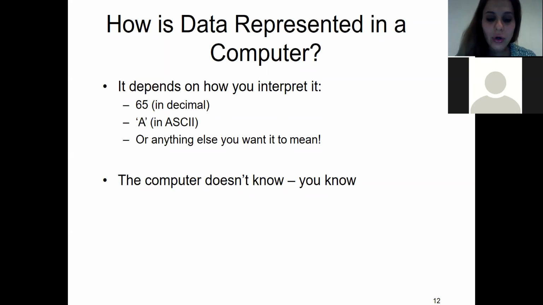Or if I press on number 65, the machine will know that you want number 65. It's the machine that does not know, but you know. Based on what you are pressing on the keyboard, the machine is going to translate it to the machine language, the way that it does understand it.